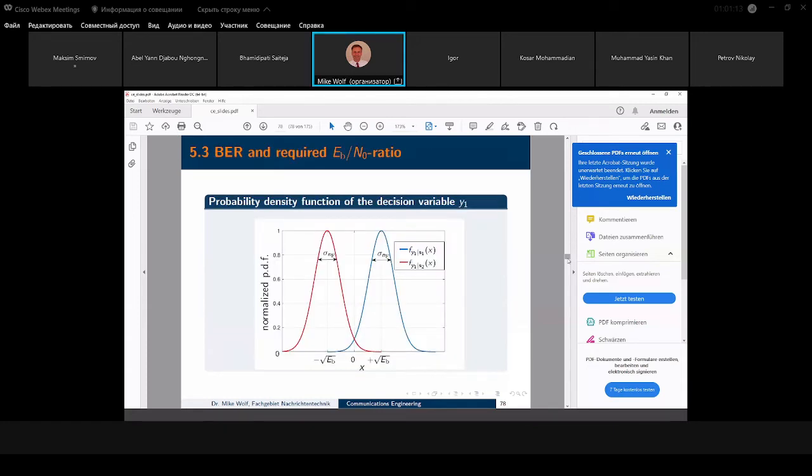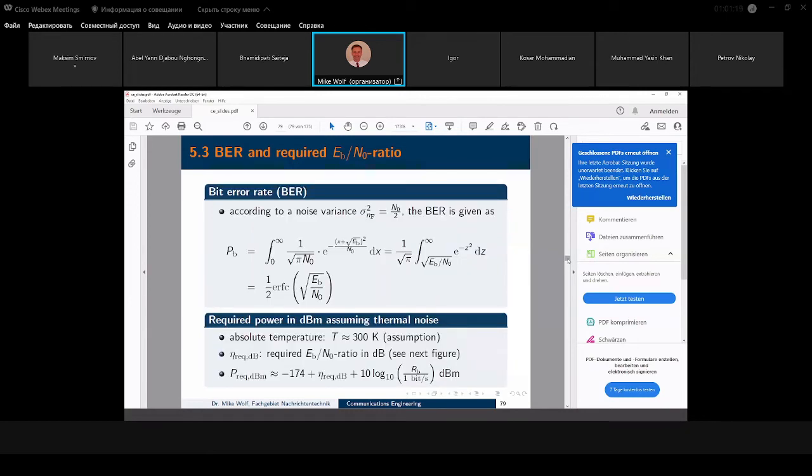So this is our filter detector. Seeing this graph, the conditional probability, with E_b by N_0 inserted, the only thing changed here is that we express the power on a decibel scale. I cannot simply take a power of, let's say, 1 watt; I normalize this power by a reference power.